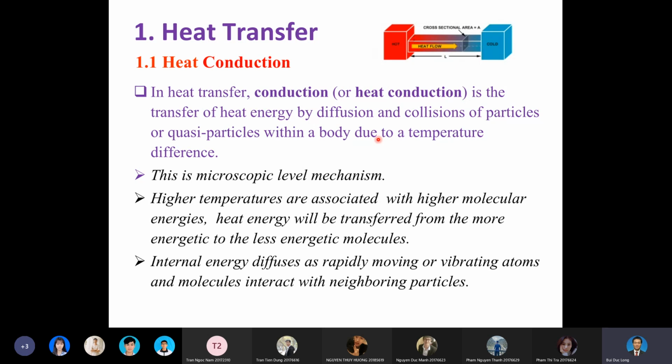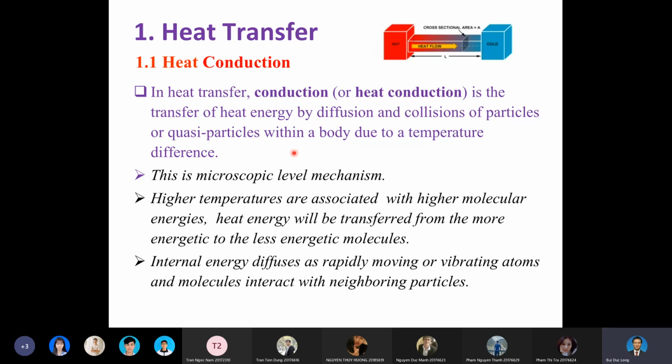So please remember, heat conduction is the transfer of heat energy by diffusion and collision of particles or quasi-particles in a body, due to a temperature difference.